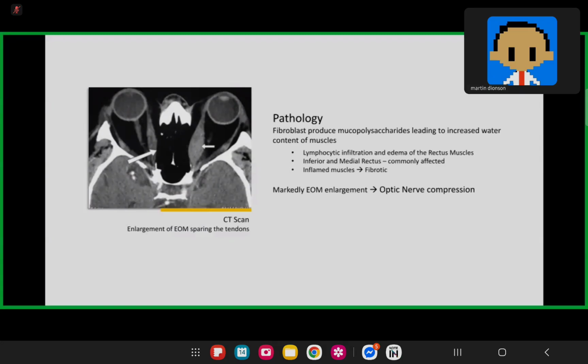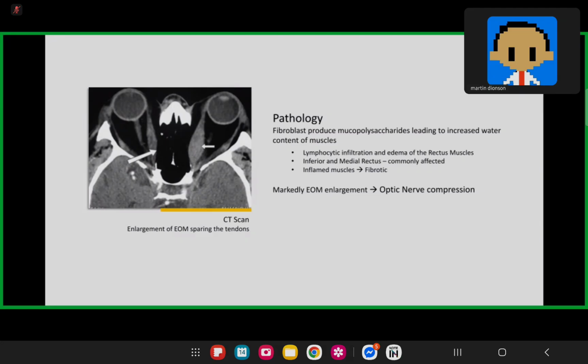If you look at the photo as well, the muscles are inflamed. If all or most of the muscles are markedly, meaning very severely, inflamed, and if you remember the anatomy, all the rectus muscles originate from your orbital apex. In your orbital apex, you have your annulus of Zinn, where your optic nerve exits.